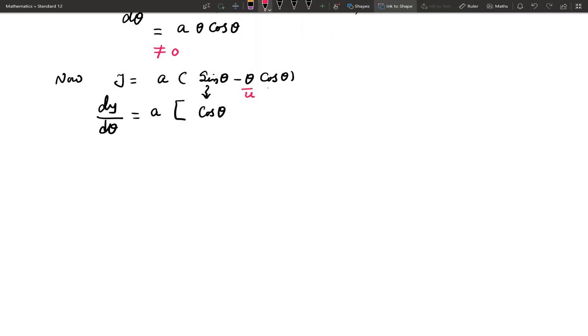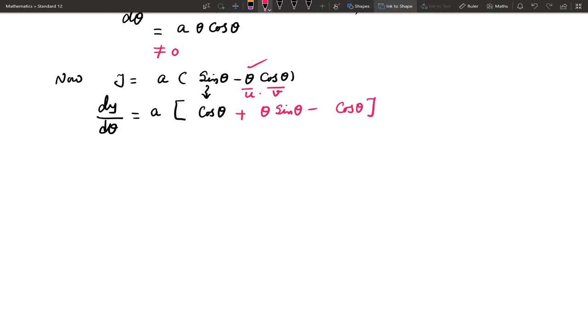So u into derivative of v plus v into derivative of u. Now minus theta as it is, derivative of cos theta is minus sin theta. So minus minus plus, theta sin theta minus. Now cos theta as it is, derivative of theta with respect to theta is 1.